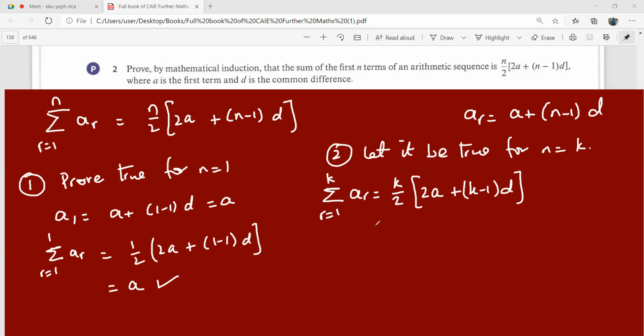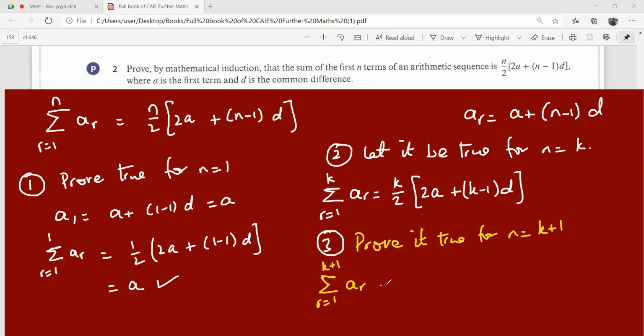We are just going to assume that this is true for n equal to k, and now we shall prove it to be true for n equal to k plus 1. So this is the sum from r equal to 1 to k plus 1 of a_r.